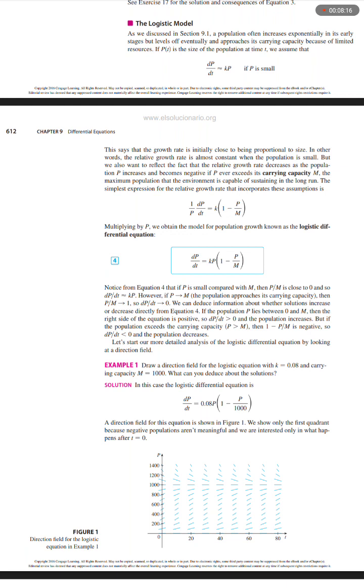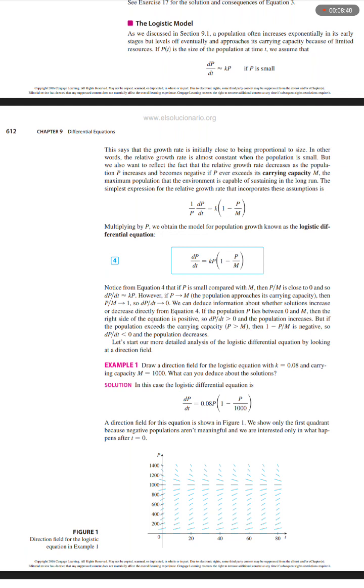We can deduce information about whether solutions increase or decrease directly from equation 4. If the population P lies between 0 and M, then the right side of the equation is positive, and so dP over dt is greater than 0, and the population increases.